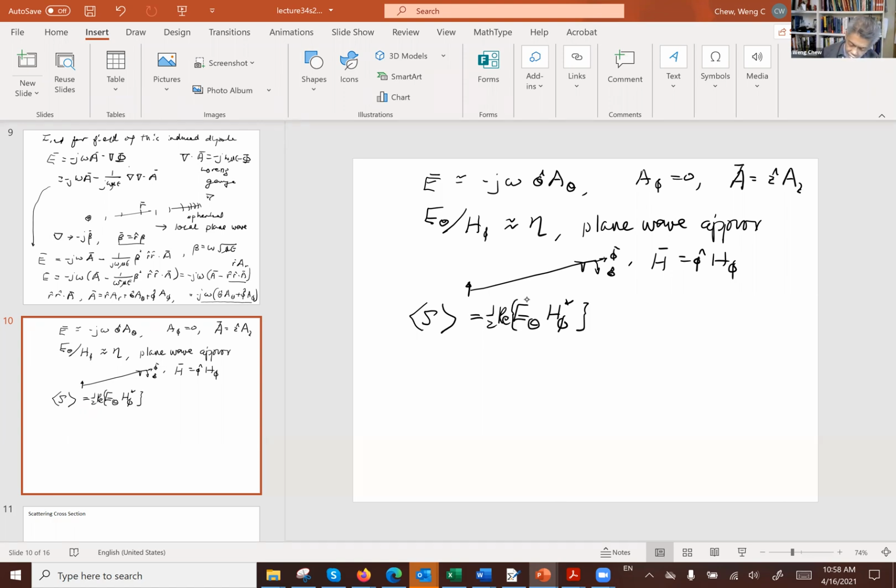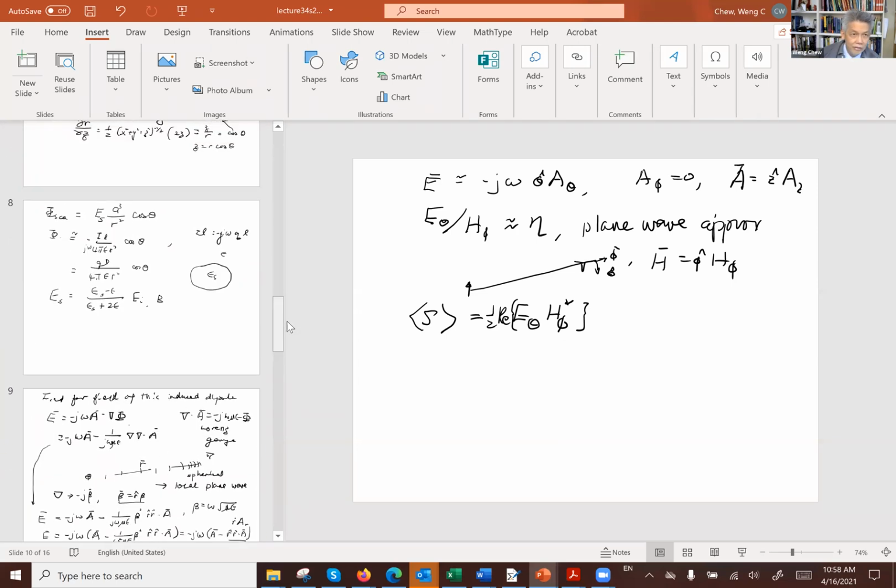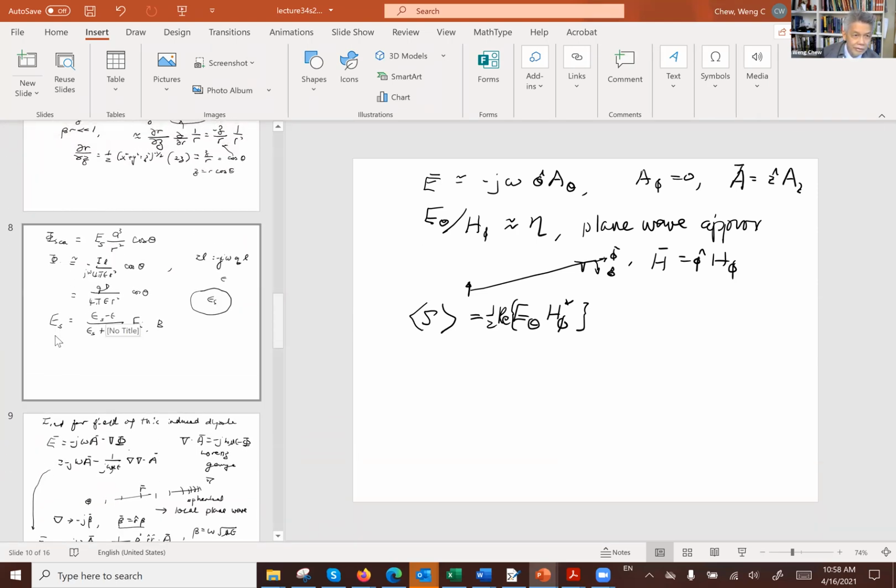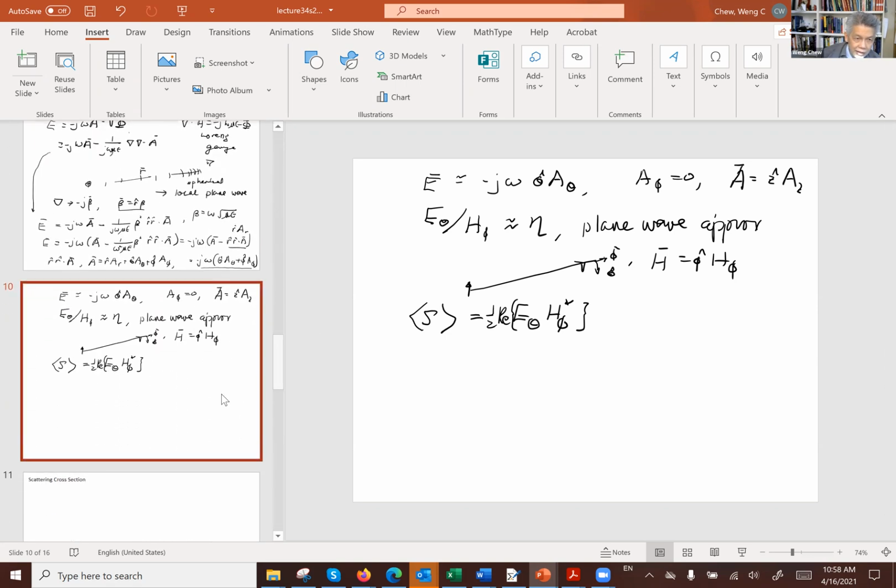You can find the time average Poynting vector out there. You essentially have your E field, which is given by this, and you already know what its amplitude should be, and then you can work out the H field, and you plug this in there, and then you can get the Poynting vector.